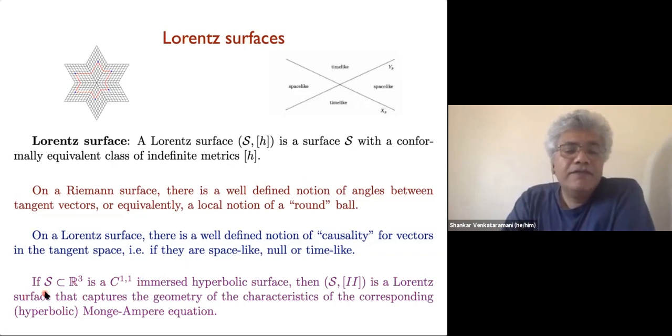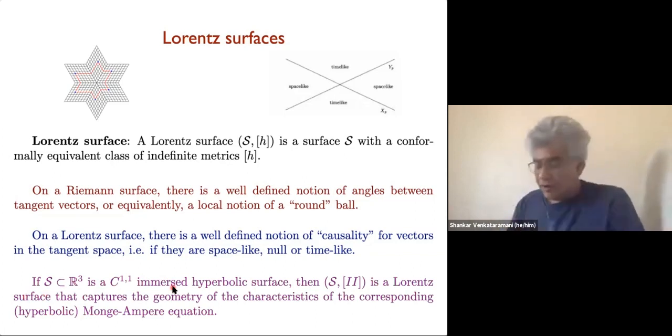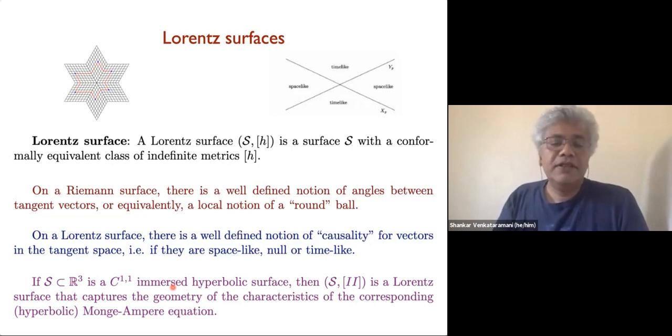So if a surface is a C11 immersed hyperbolic surface, then you can think of this as a surface where you give it a metric given by the second fundamental form. Then that defines a Lorentz surface, and this Lorentz surface then captures everything you want to know about the geometry of the characteristics.